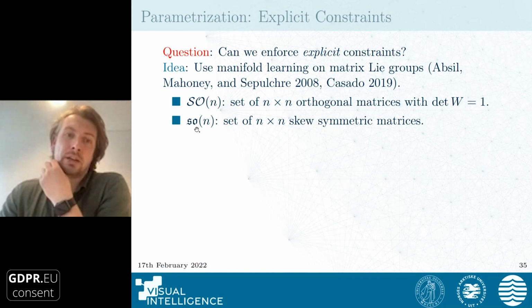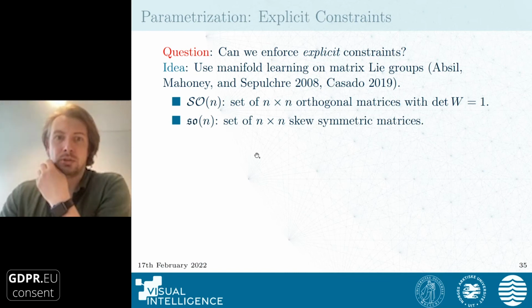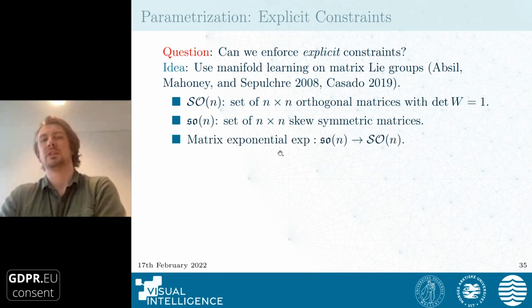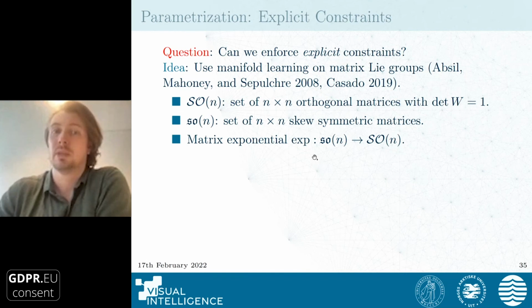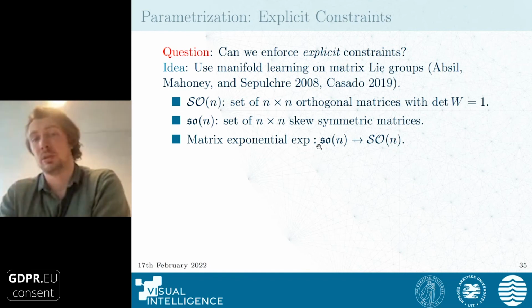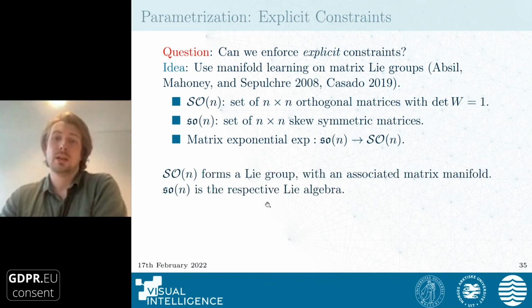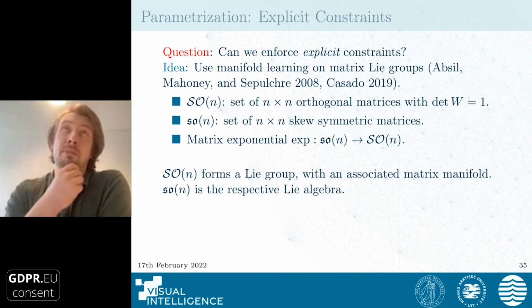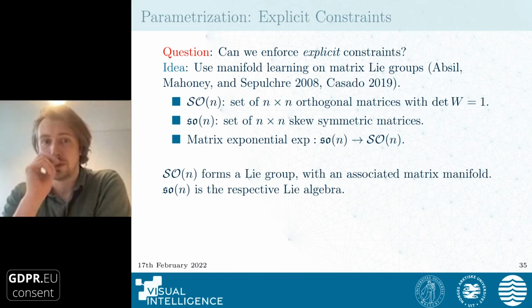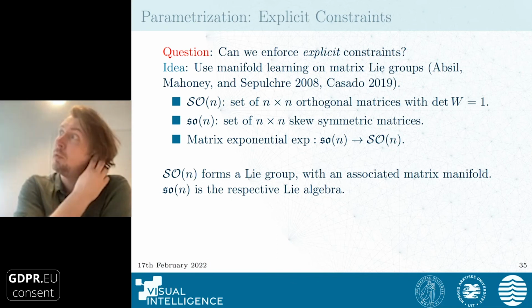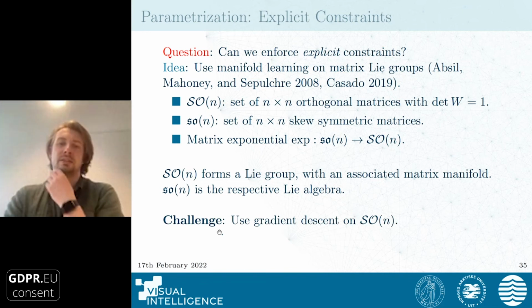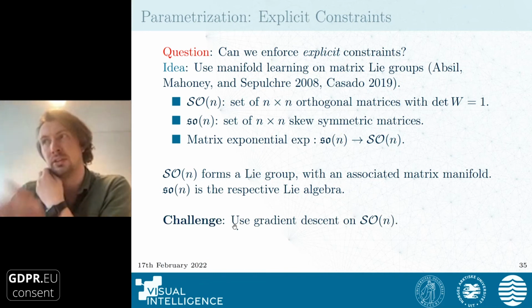In addition to that, we have the Lie algebra of SO, which is the set of n by n skew-symmetric matrices. And we have the matrix exponential, which is a mapping from a Lie algebra to a Lie group. Every matrix Lie group also has an associated matrix manifold, and this is what we want to use to enforce the constraints in our matrices. So the challenge then is how do we apply gradient descent on this group?